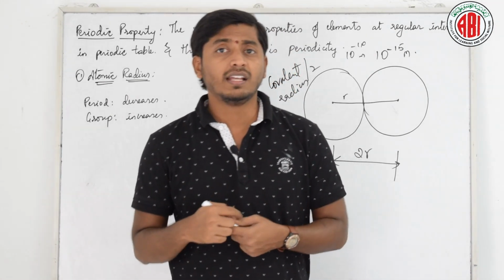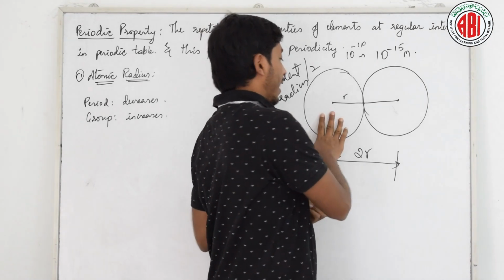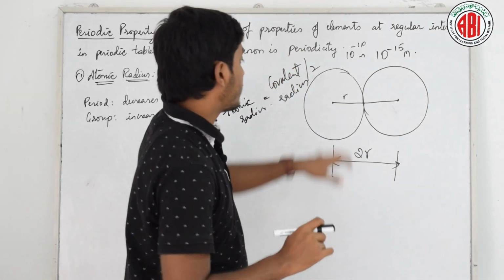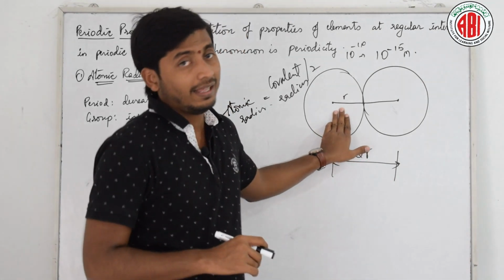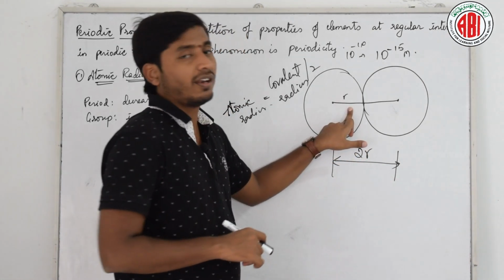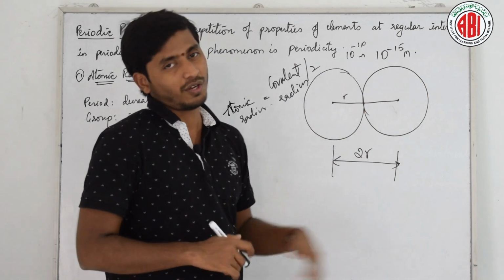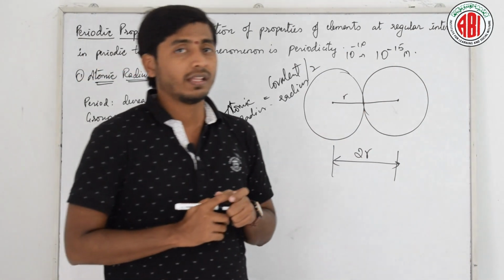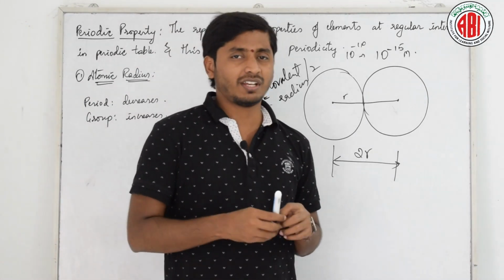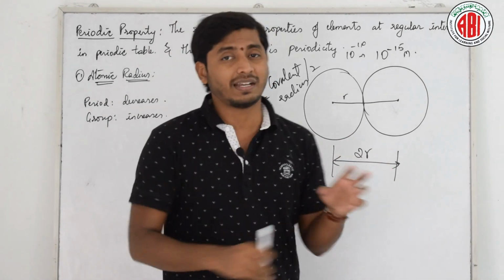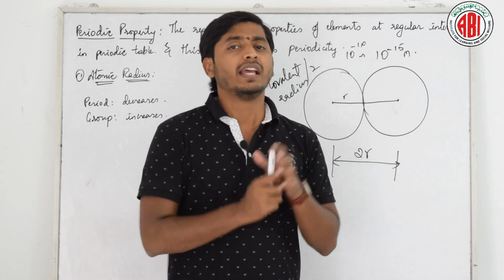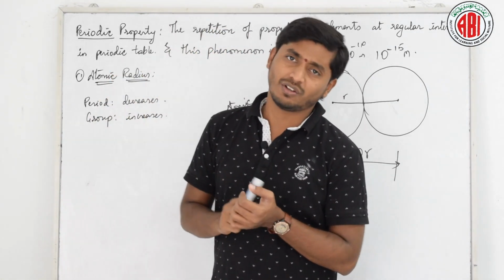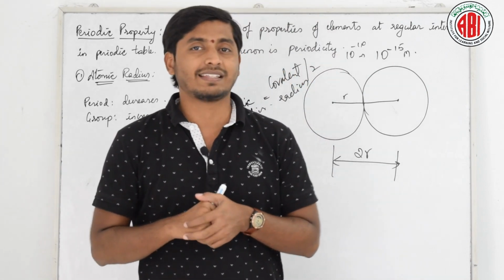Then see here, if a particular atom is a metal, then the radius of a metal, or the distance between two centers, can be defined as a metallic radius, right? In our subject, we will not discuss covalent radius and metallic radius in depth. In general, we will call it atomic radius, or simply atomic size.